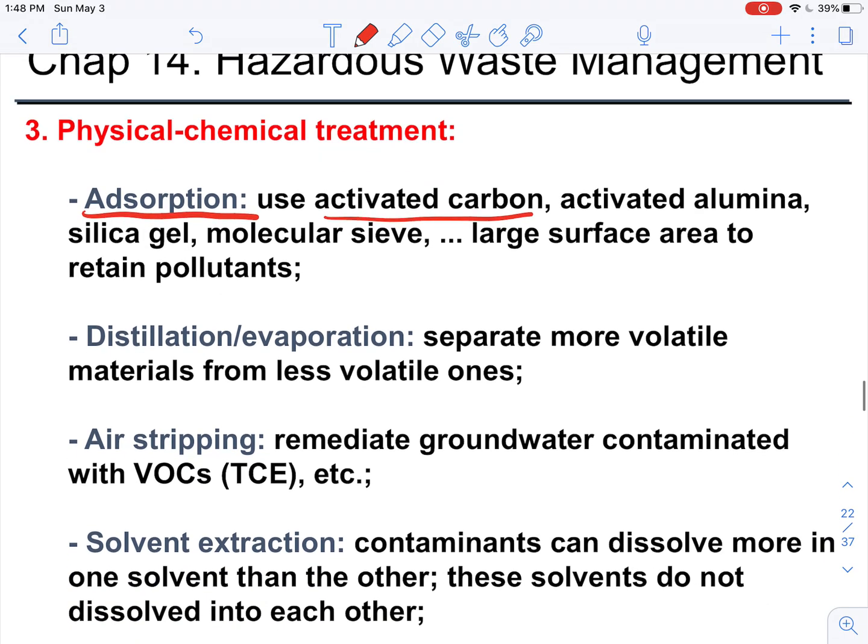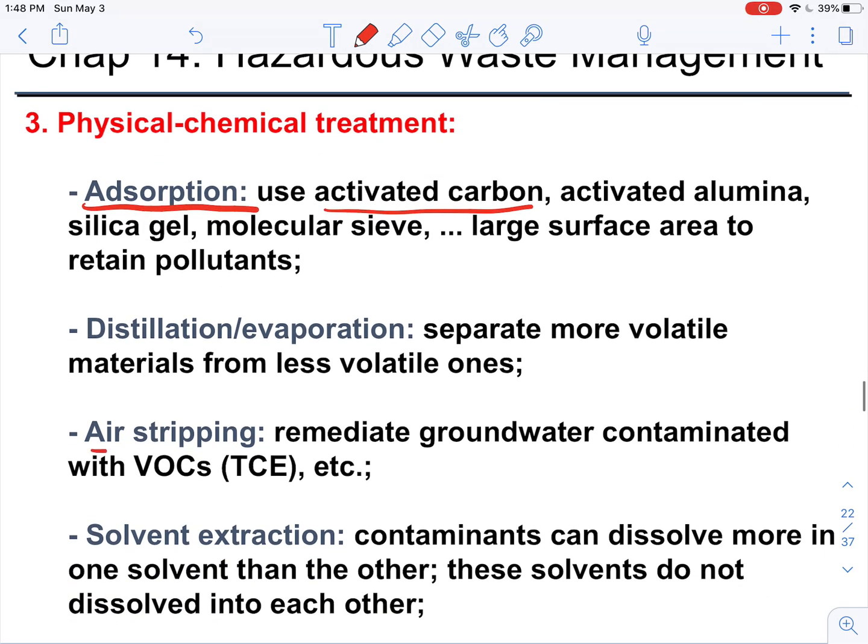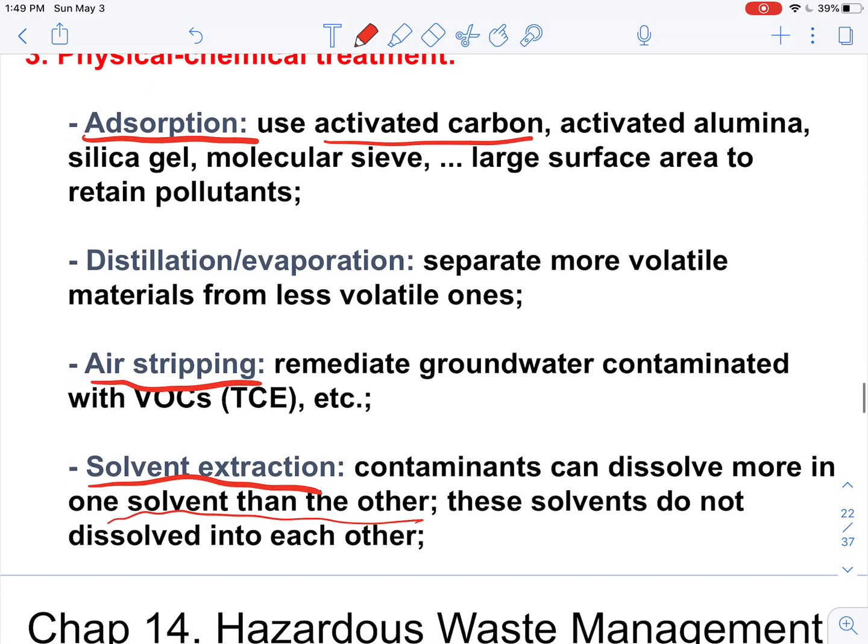We can also use distillation, evaporation, right? Air stripping. So air stripping means we can introduce air to remove the organics there, to oxidize those organics in the stream there. We can also use solvent extraction, so the contaminants can dissolve more in one solvent than the other. So it's talking about the dissolution in different types of materials.